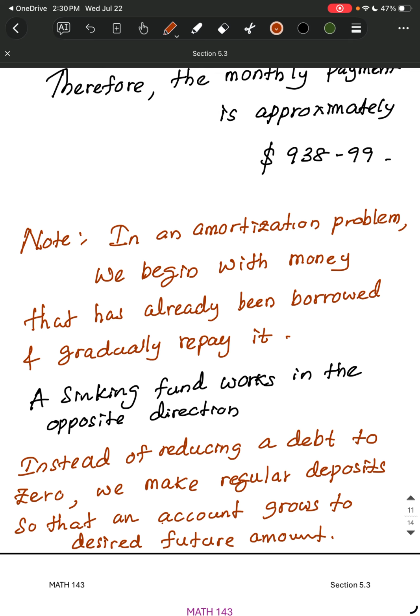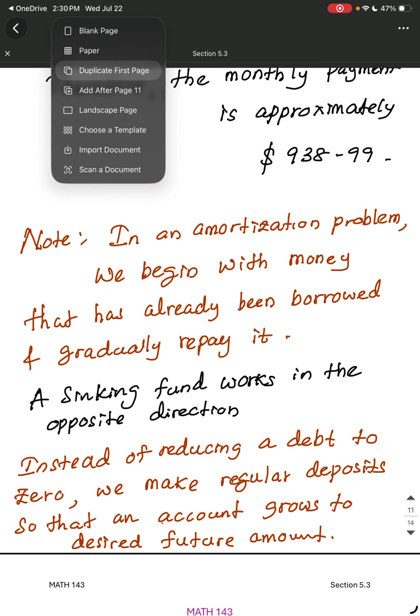Okay, a sinking fund is an account into which equal deposits are made regularly to reach a future financial goal. Let's make the definition of the sinking fund.